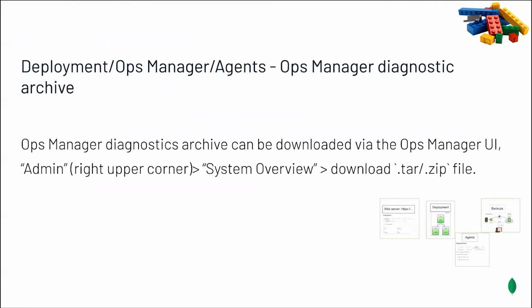In general, for Ops Manager environments, you have the diagnostic archive. To find the diagnostic archive, you can use the Ops Manager UI. In the upper right corner, you click on Admin, go to System Overview, and download the tar zip file. Usually, if you open a case which is connected to Ops Manager, we will ask you for this archive.